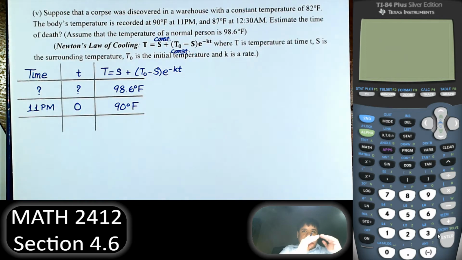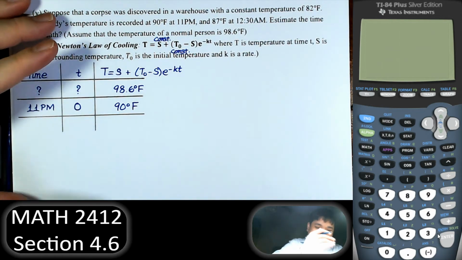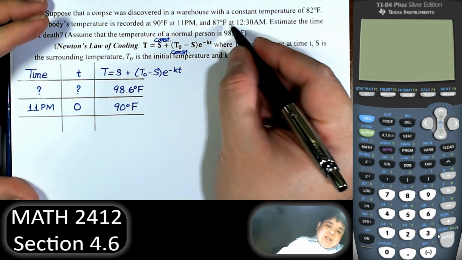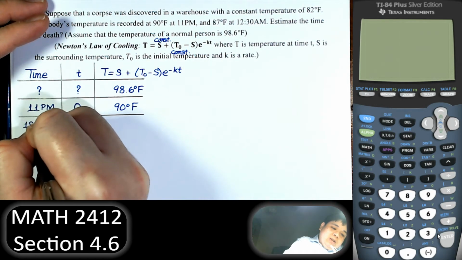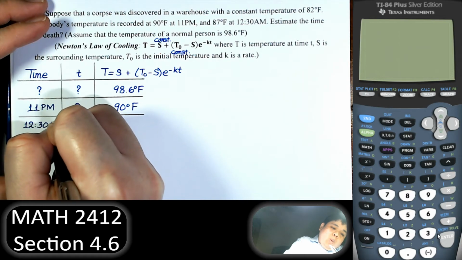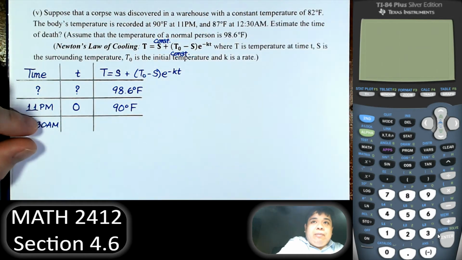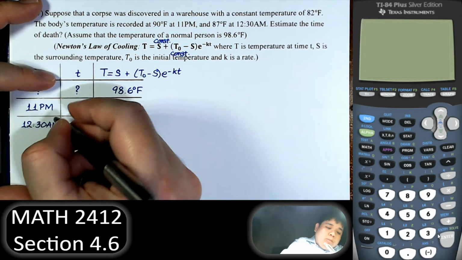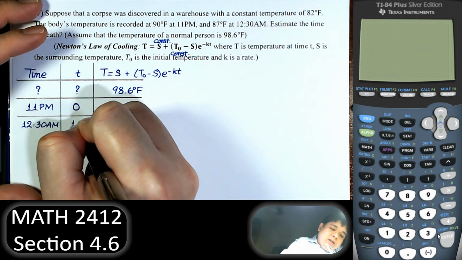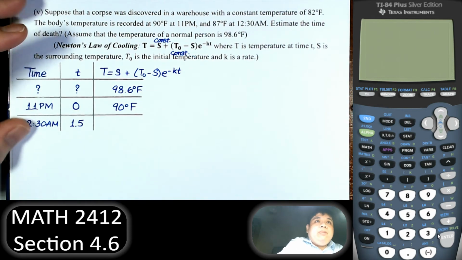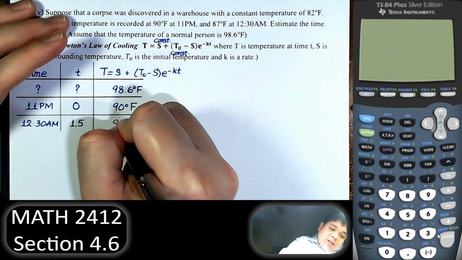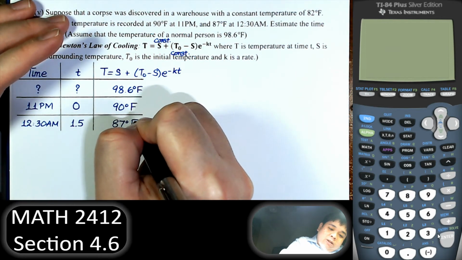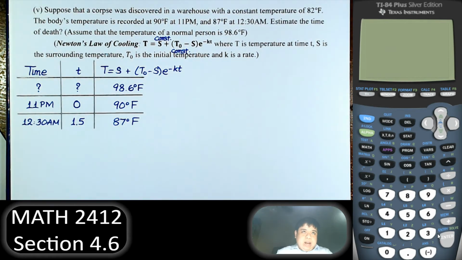So we say 11 p.m. is 0. In that case, 12:30 a.m. is going to be 1.5 hours later. So we can use hours, so we can say 1.5, and that will be 87 degrees. So that is the information we have.